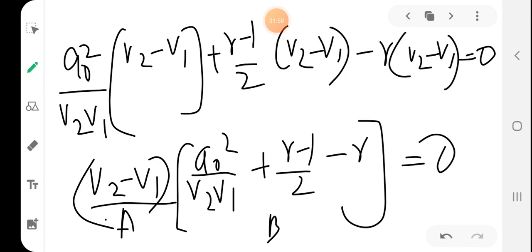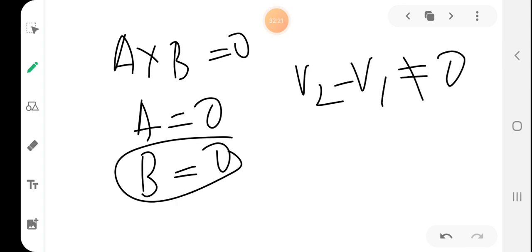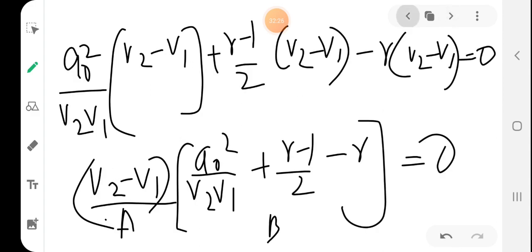The supersonic flow will get converted into subsonic flow. That is the main characteristic of a normal shock: there will be an abrupt change in flow parameters. So V2 minus V1 can never be 0. That means if A is not equal to 0, then B should be equal to 0.